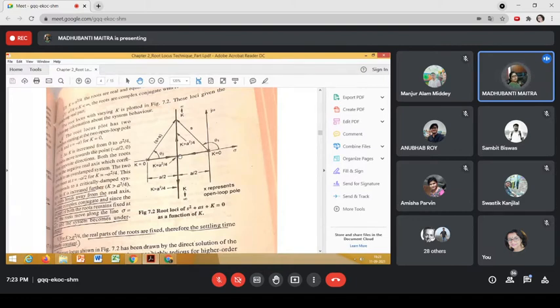The settling time is given, for a particular band, by either 3 by zeta omega n, or 4 by zeta omega n, or 5 by zeta omega n, etc. Now sigma is equal to zeta omega n. So since sigma is constant, the settling time will remain constant.